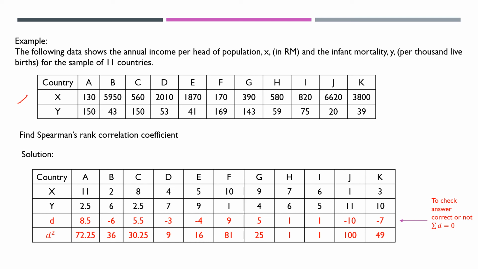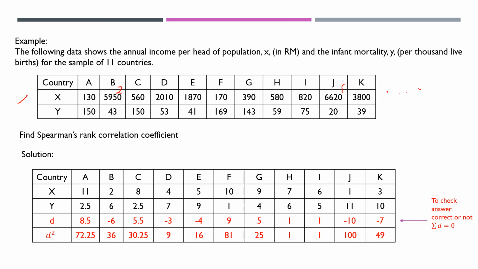For this chapter, you have to rank. The greatest value is number 1. So you try to find the X which is the greatest value. This is number 1, and then the second greatest value is number 2. B is number 2. So you just give the rank for all the data for all the countries.